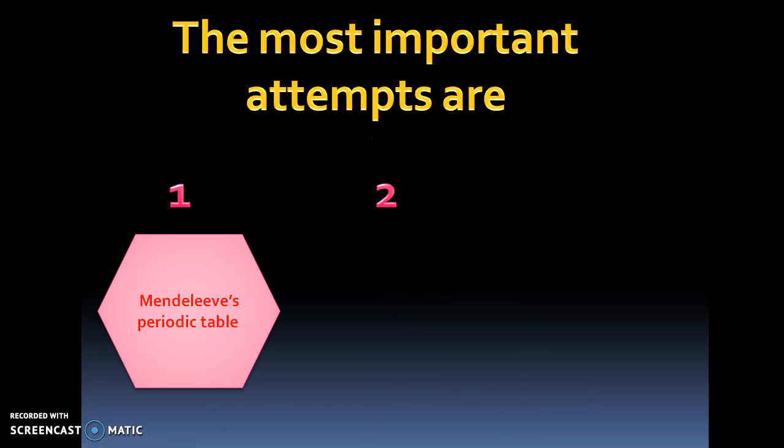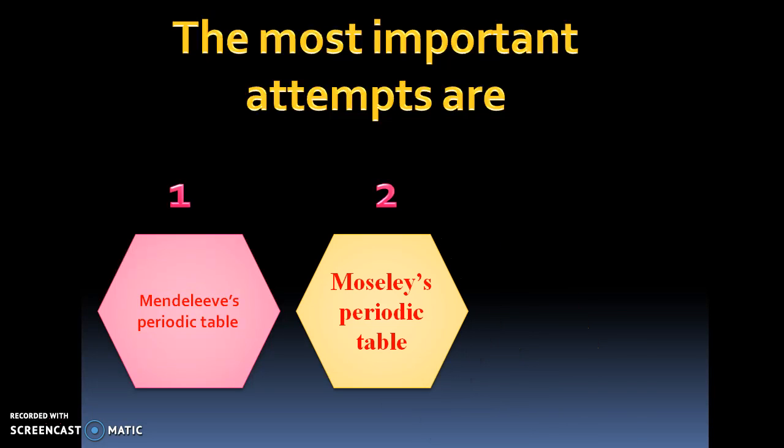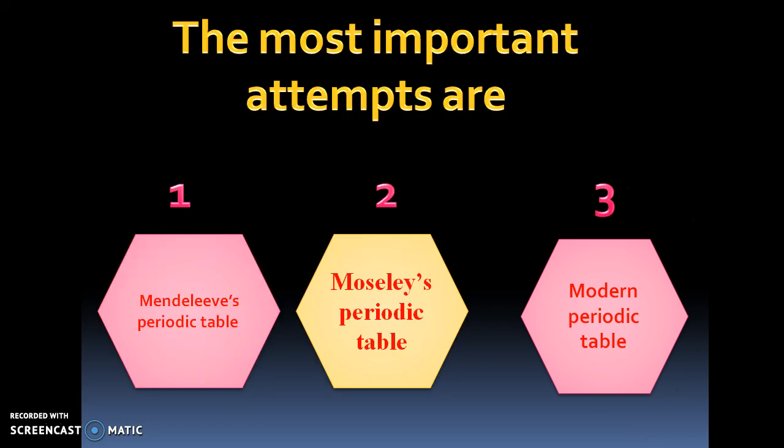And by increasing the number of discovered elements, scientists tried to classify these elements to facilitate their study. The most important attempts are Mendeleev's periodic table, the second Moseley's periodic table, and finally the modern periodic table.